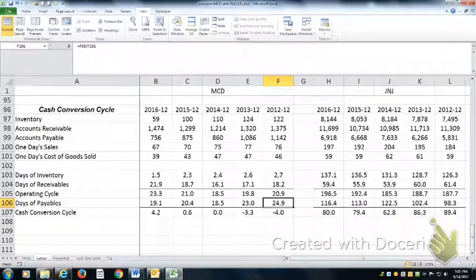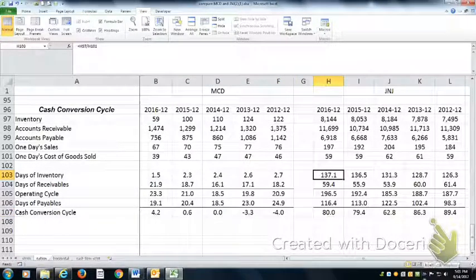So they had 4 days' free use of the money. That's a good thing. The lower this number and the more negative it is, it's actually better for the firm from a cash management standpoint. All right, there are other things that come up with respect to risk, but that's actually a good number.